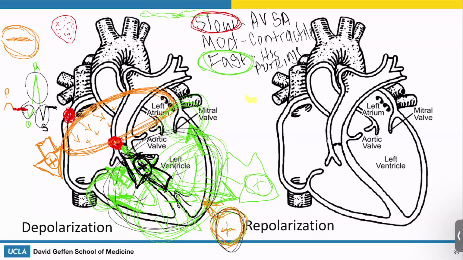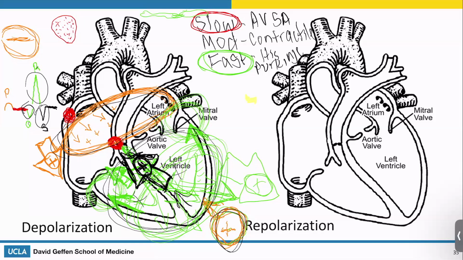Okay, so you might be asking, well, this is repolarized. When did the atrium repolarize? Well, the atrium repolarized during the ventricular depolarization. Remember, we talked about this. The EKG machine is actually going to read the biggest vector, the biggest amount of force.